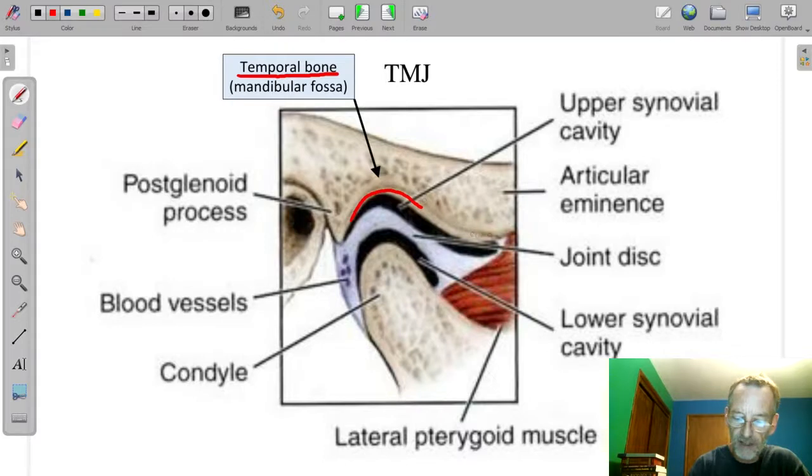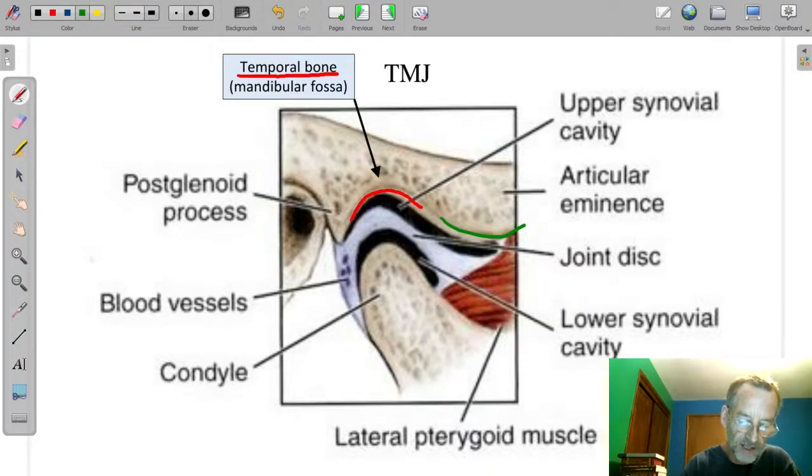And then it goes out, and there is a articular eminence, which is this portion. So one is concave, the other is convex. Don't let that terminology sidetrack you.